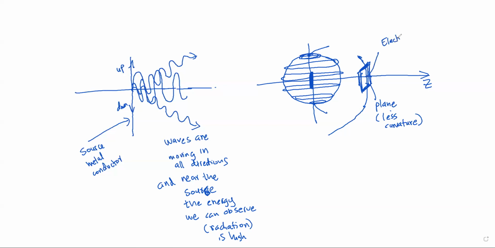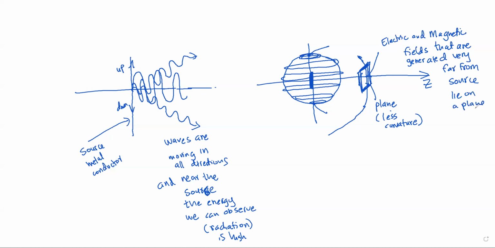So the electric and magnetic fields, perpendicular to the z-axis, that are generated very far from the source, lie on a plane with very low curvature, and therefore we can assume that plane to be a straight plane.